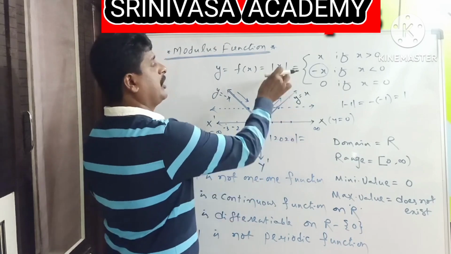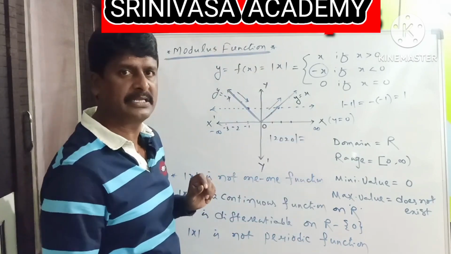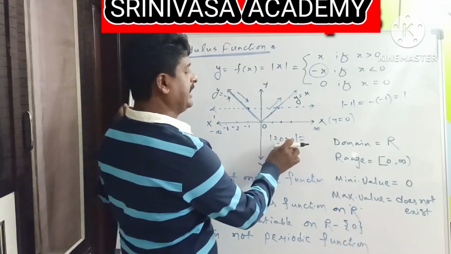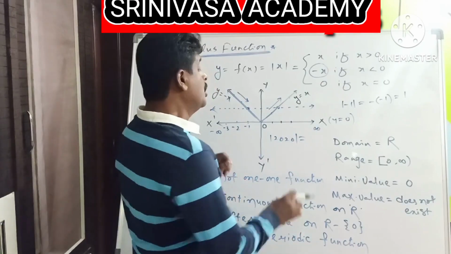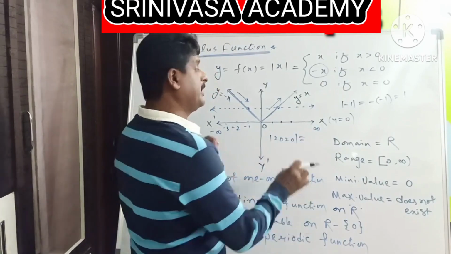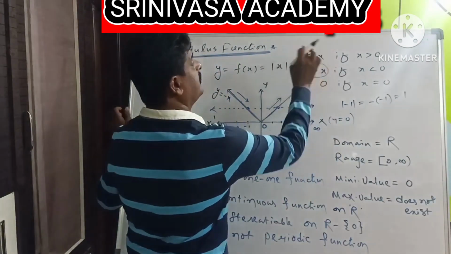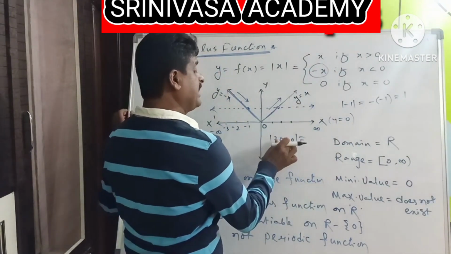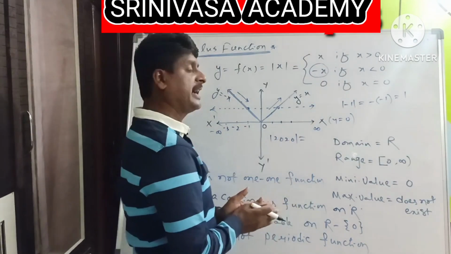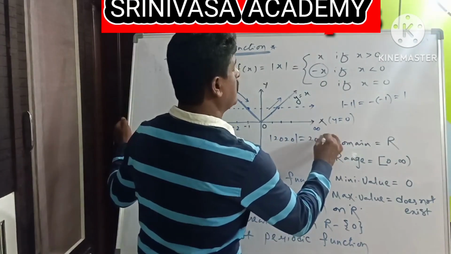Modulus of 2020 is looking like modulus x. Instead of x, I considered here 2020. 2020 is a positive real number, that's why it goes to first case. In first case, mod x will come out as x. Whichever x lies inside the modulus bracket, as it is will come out.